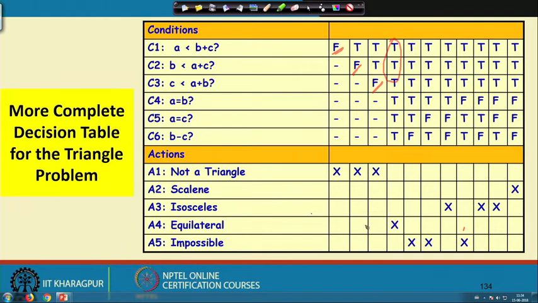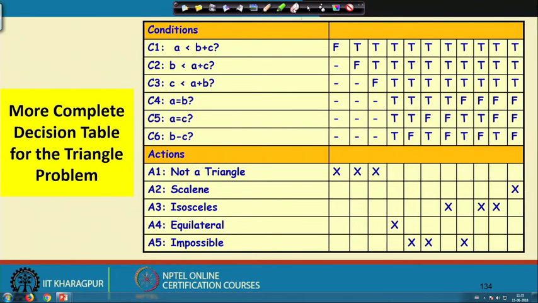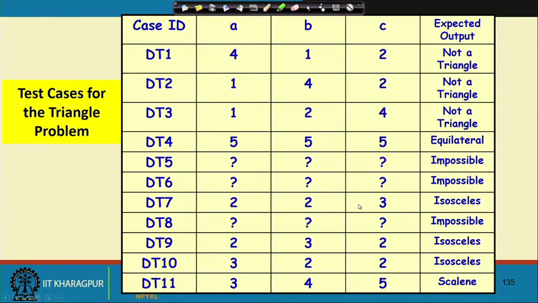Impossible is that they are not any integer values and so on. And once we have developed the table, we can write specific values for the input, and we write the expected output, and all of these form a test case.